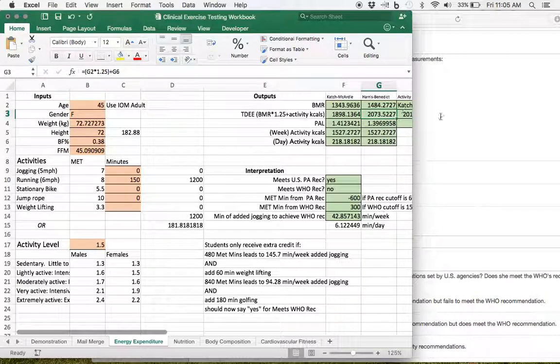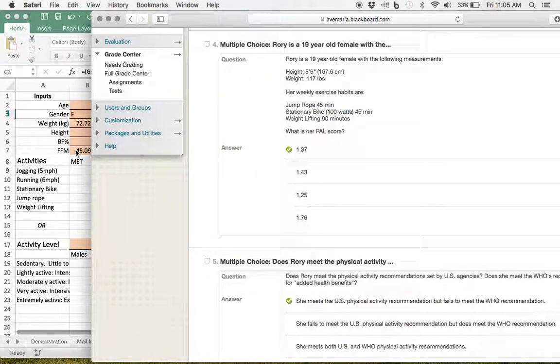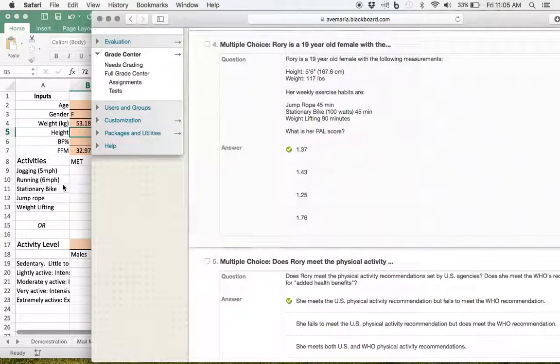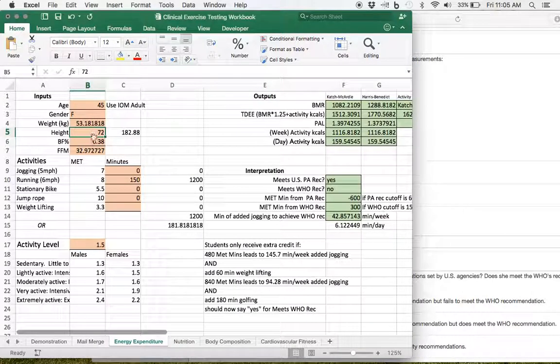So let's type those in. So we have a female, her weight is 117 pounds, so let's do that. Her height is, what did I say, 5'6"? 5'6", that's how many inches? 66 inches, and that's what we need there.